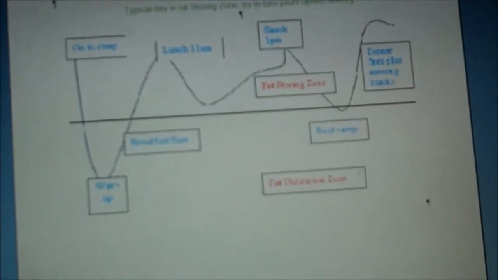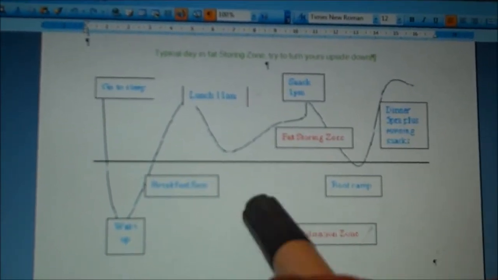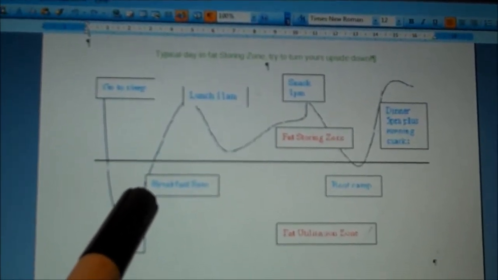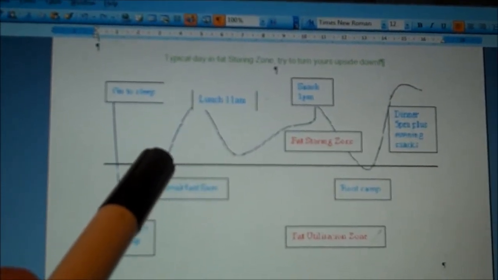So it's cereal, milk, toast, muesli, breakfast bar, anything like that, which will immediately add sugar intake into the system. A typical breakfast would make our fat utilisation zone decrease. So after our breakfast, we've probably gone almost close to the middle centre line here and toppling into that fat storing zone.